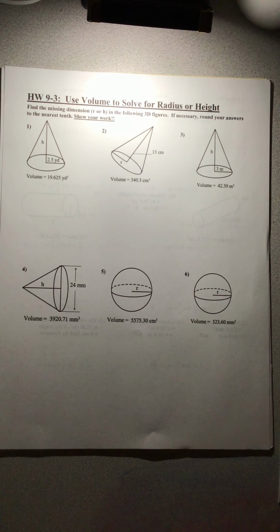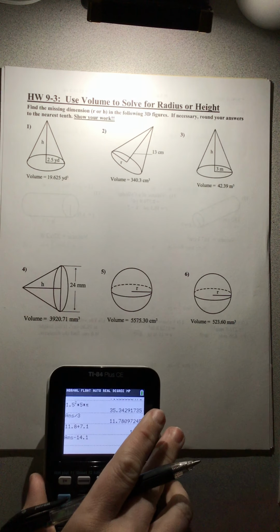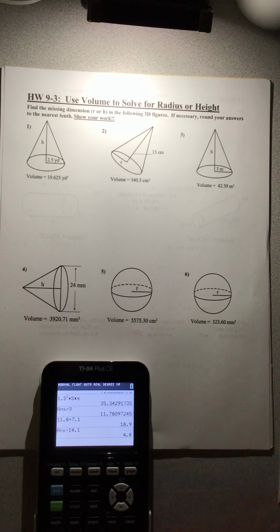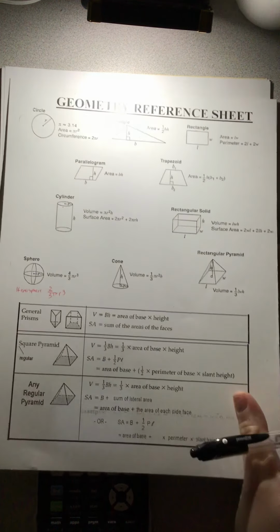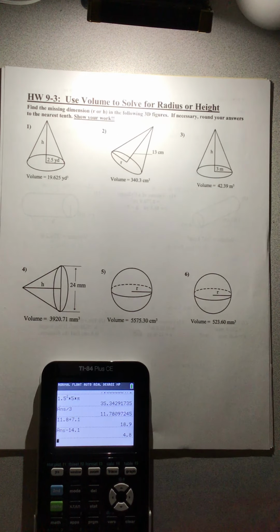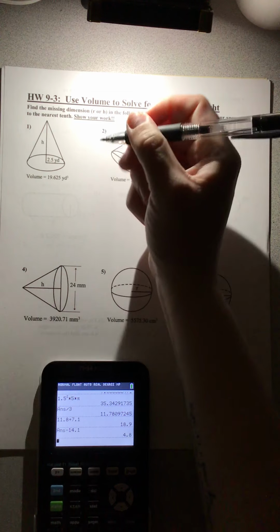All right, so this says we're going to use the volume to solve for radius or height. So this is why we need to know our formulas, because we're going to be reverse engineering this. So we're given our volume.